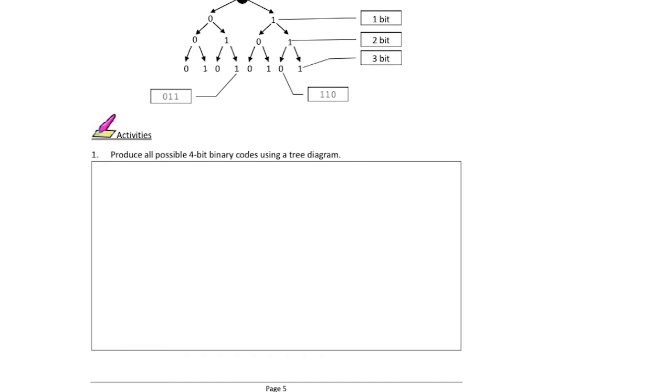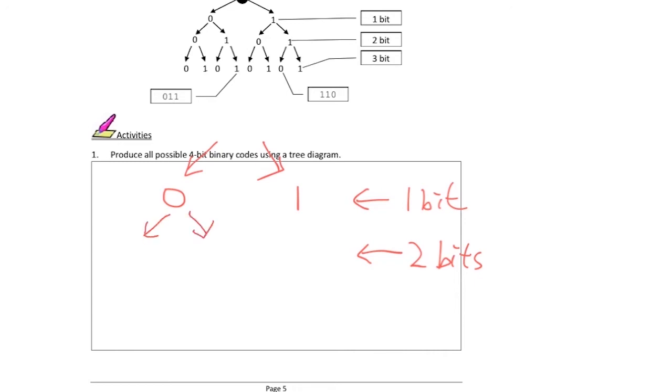First of all, if we have only one bit, all the possible outcomes should be 0 and 1 only, right? If there are 2 bits, that means the first bit can be 0 or 1, and the other bit can also be 0 or 1. So if the first bit is 0, the second bit will be 0 or 1.